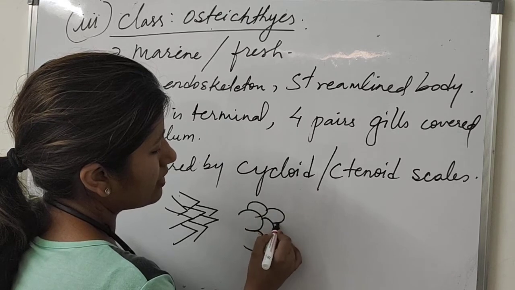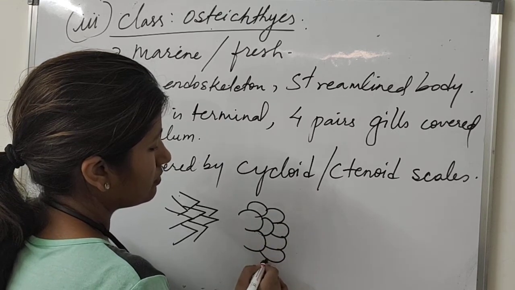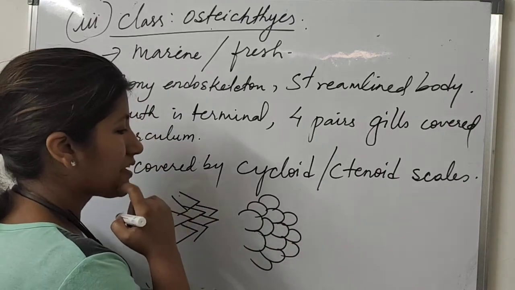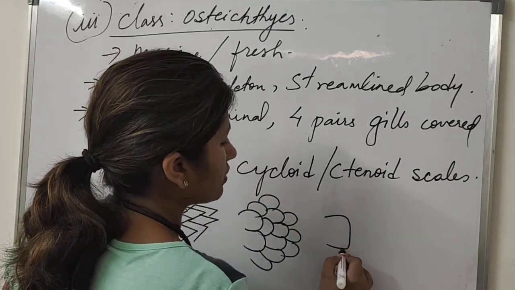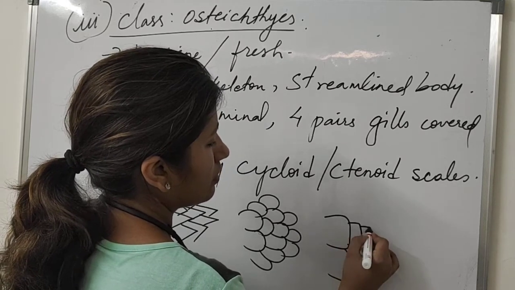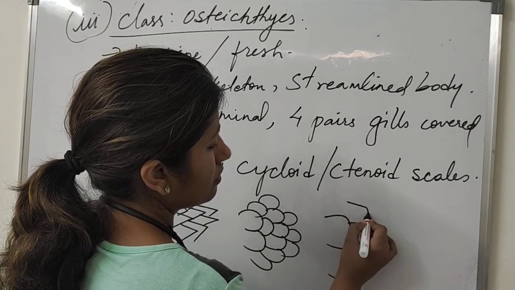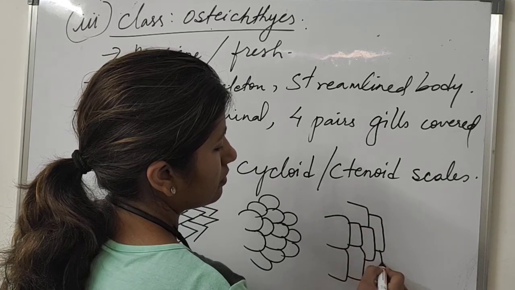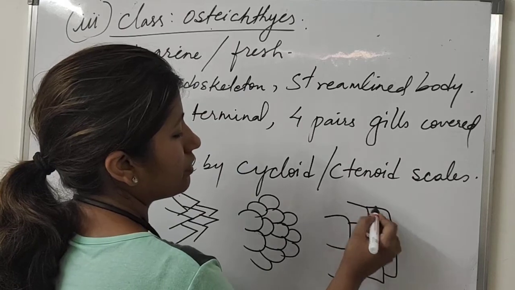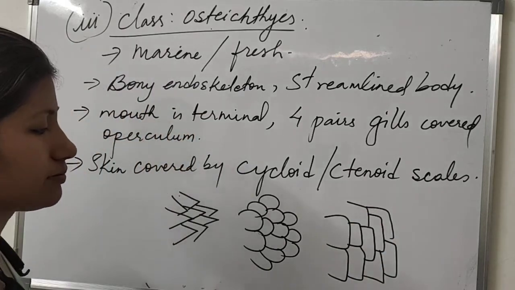Some fish have scales like this. Cycloid scales. And ctenoid scales are somewhat like this. In some fish you will find the scales are like this.